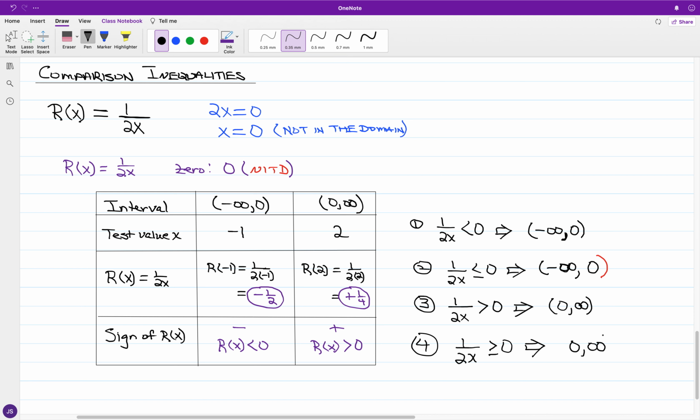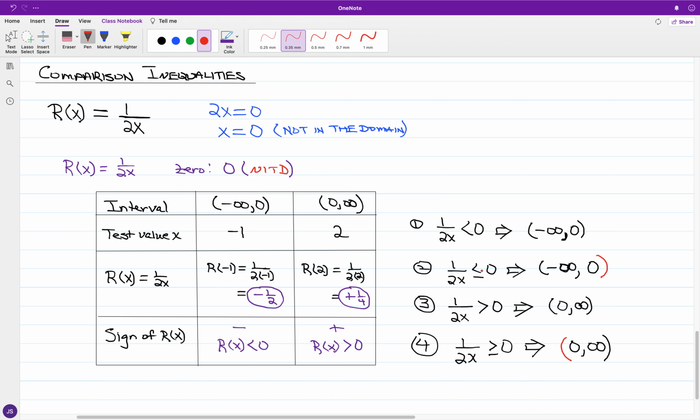Again, infinity is boundless. And now with the equal sign, there is the potential, but not the guarantee, that there will be a bracket. And 0 is our only finite value that we're working with. But that creates a 0 denominator situation, so that is not in the domain. So we have parentheses only.